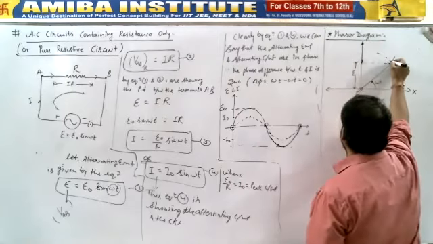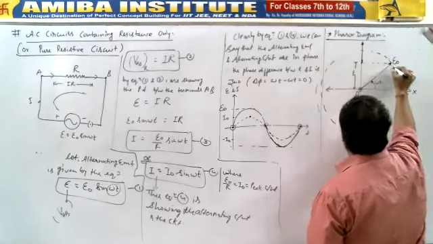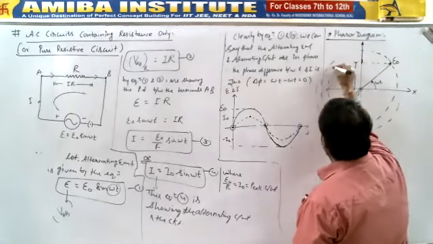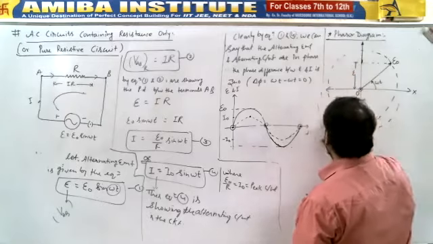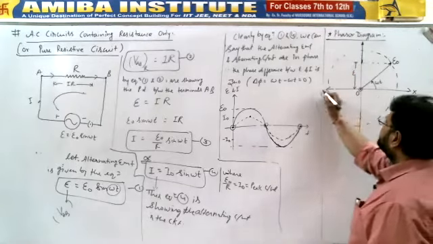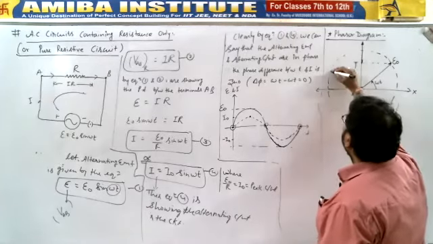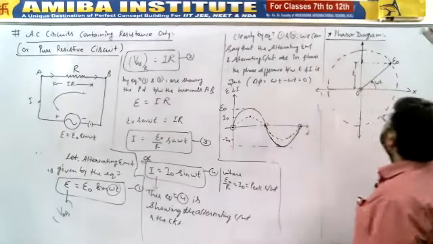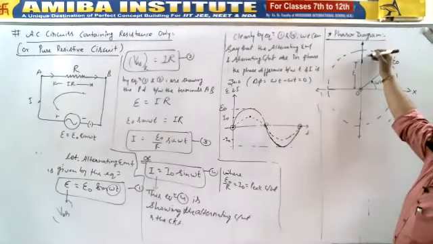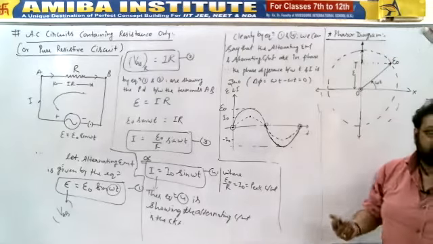How? Graphically, if I show it, then what do I need to do? I need to draw a circle. So once it comes here, then the projection of E naught on itself will be here only.